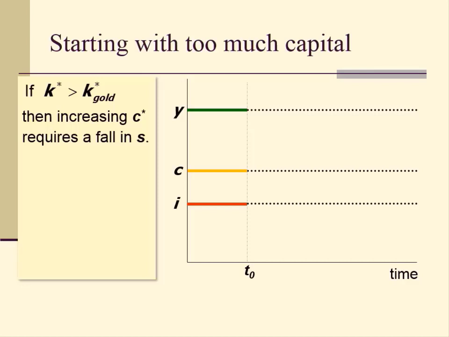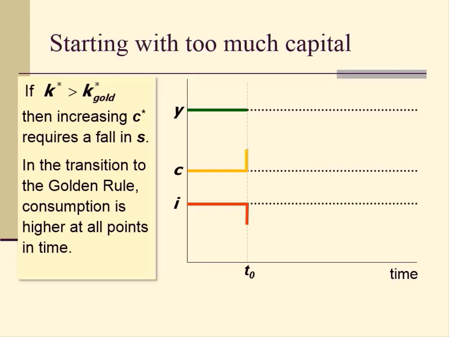But the fall in saving rate causes a fall in investment, because saving equals investment, and it causes rising consumption, because consumption per worker equals 1 minus s times y. Because s is decreasing, consumption increases. And the change in consumption per worker is exactly equal to the opposite of the change in investment per worker, because y equals c plus I, and y has not changed initially.